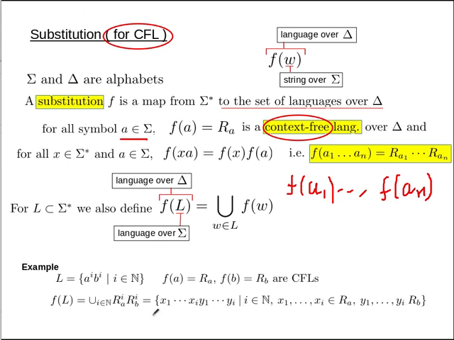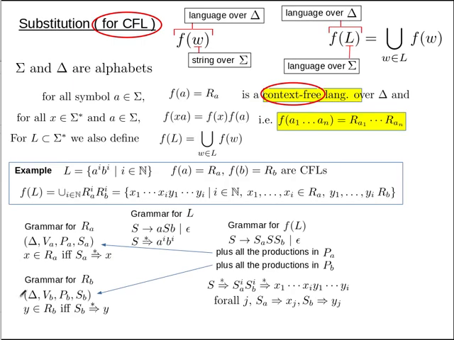So that's what it is. Now, in order to prove that L is CFL implies FL is CFL, let's just proceed with this example, and that will make it clear for what happens in the general case. So, in this example, as I explained, it looks like this.